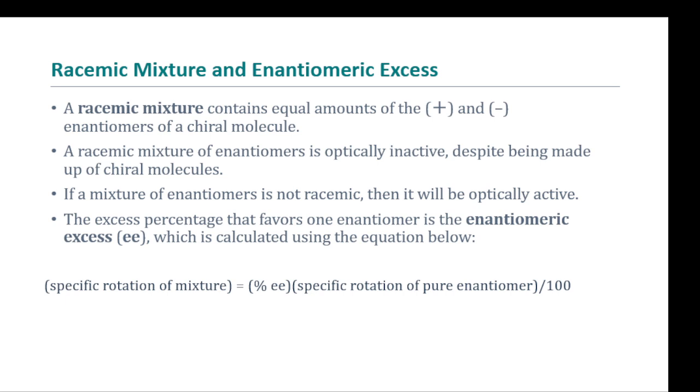All right, so a racemic mixture of enantiomers is actually going to be optically inactive. Again, this is despite the fact that it's two different chiral molecules. Why would it be optically inactive? Let's say I have one thing that rotates by 30 degrees to the right, the clockwise. And I have another thing, equal amounts, that's rotating it 30 degrees the other way.